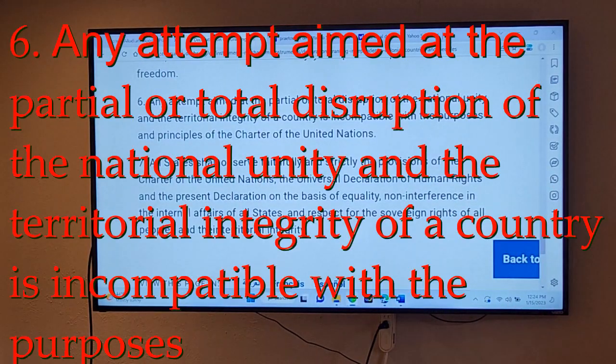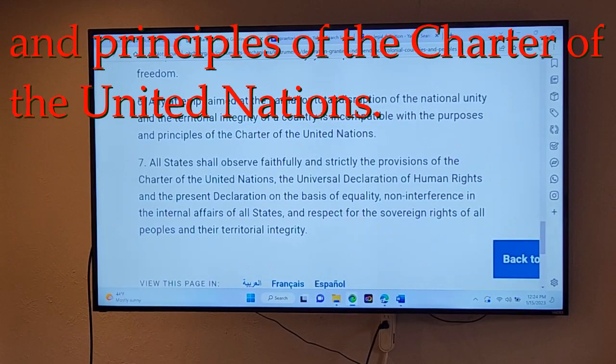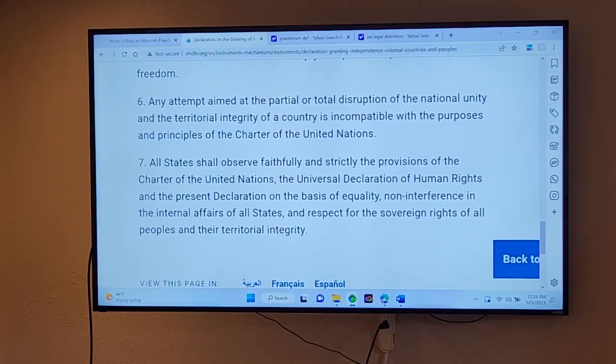Any attempt aimed at the partial or total disruption of the national unity and the territorial integrity of a country is incompatible with the purposes of principles of the Charter of the United Nations.